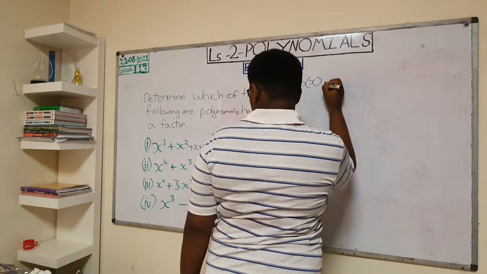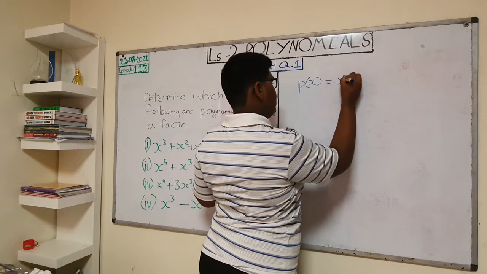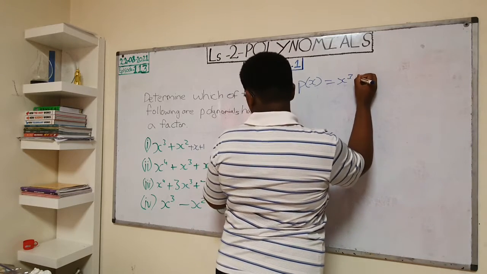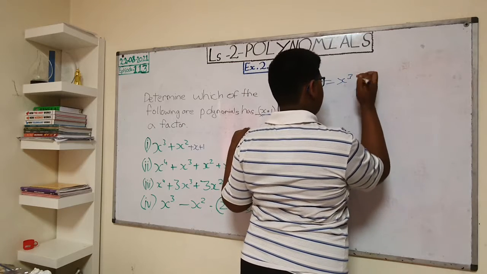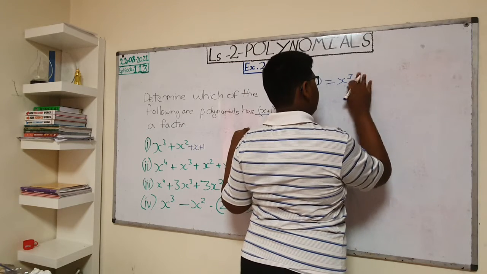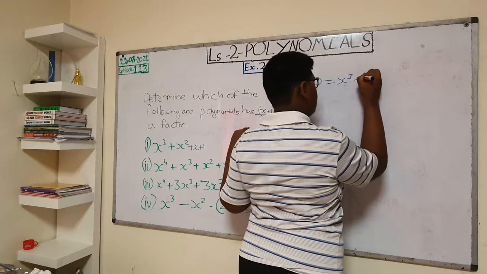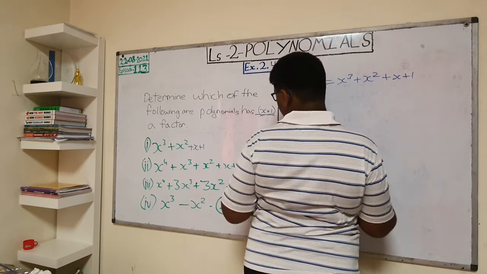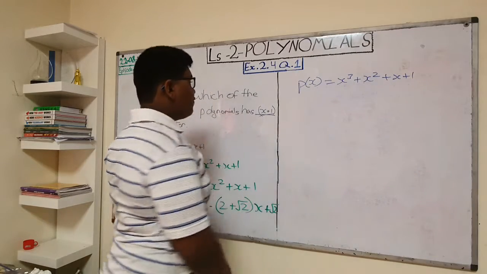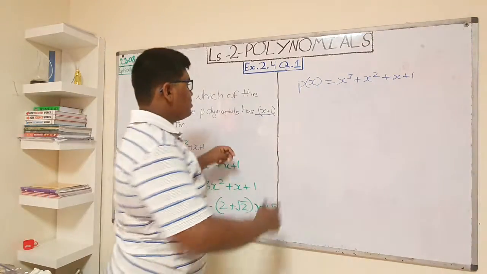So p of x is equal to x cube plus x square plus x plus 1. Now let's substitute the values.